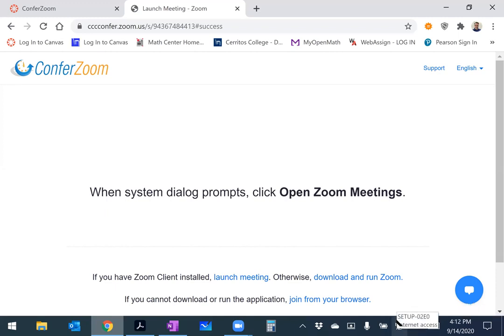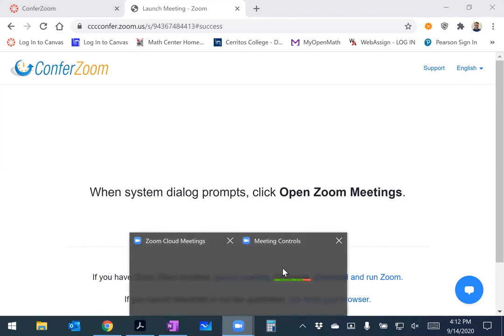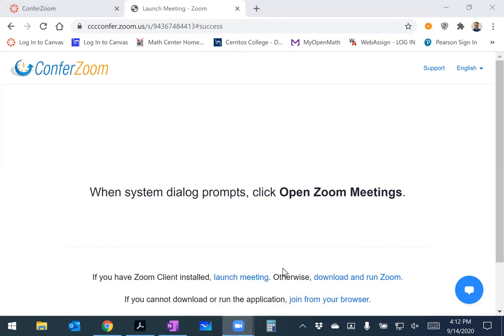I'm using computer audio. I do not want to use computer audio. Here we go. Okay, hope you can see my screen at this point.